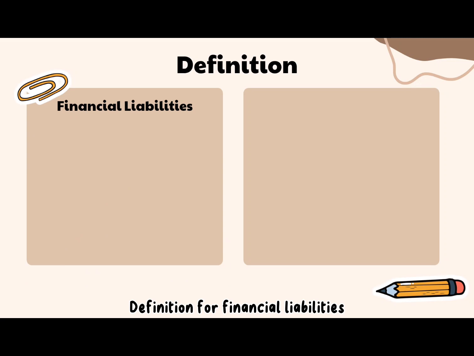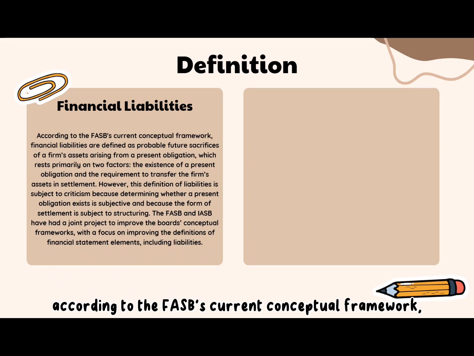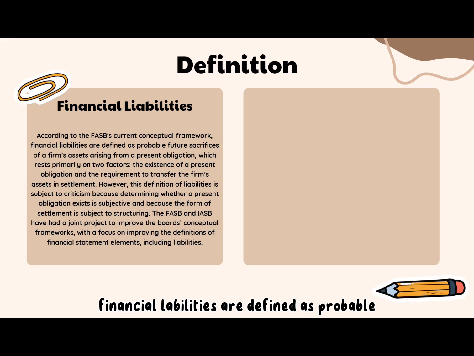Definition of financial liabilities. According to the FASB's current conceptual framework, financial liabilities are defined as probable future sacrifices of a firm's assets arising from a present obligation, which rests primarily on two factors: the existence of a present obligation and the requirement to transfer the firm's assets in settlement.